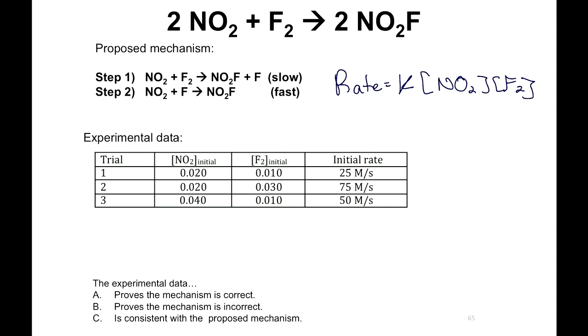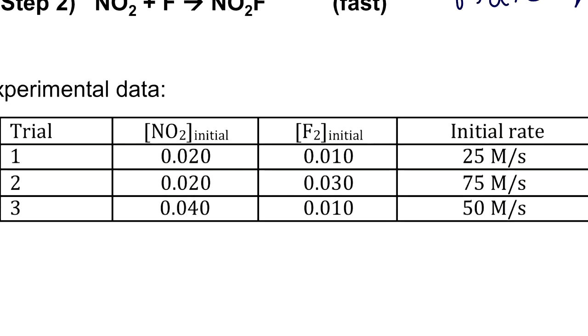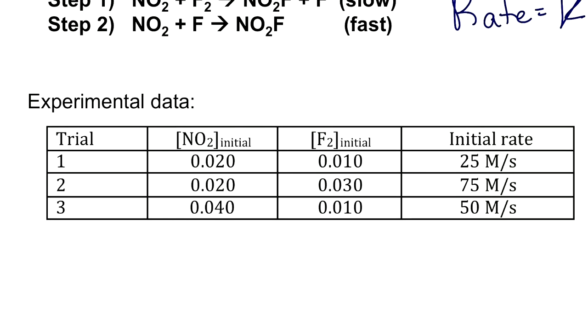So we figured out the rate law from the mechanism. Now we need to think back to that first method we determined rate laws. We need to use the experimental data. So remember how we did this? We locate a reaction where a reactant concentration stays the same, so we're able to isolate the order of the other reactant.